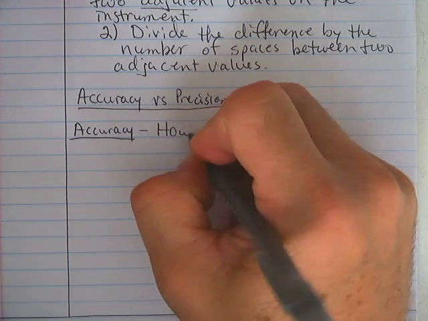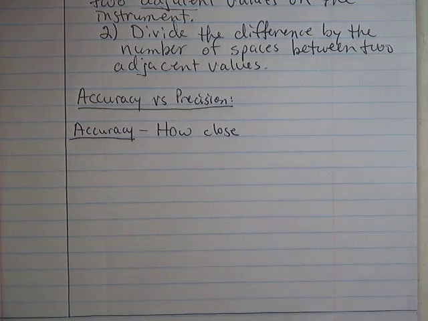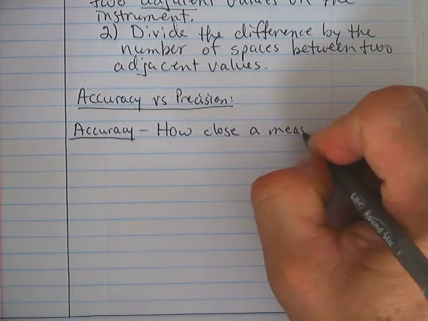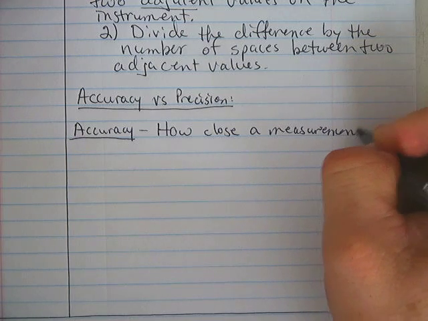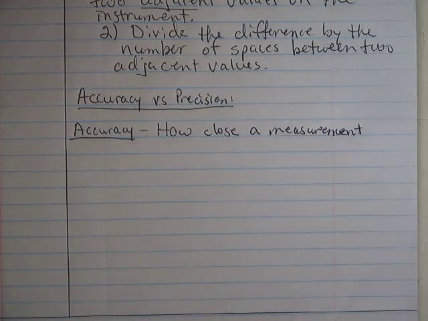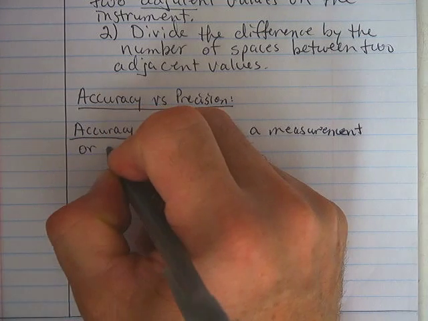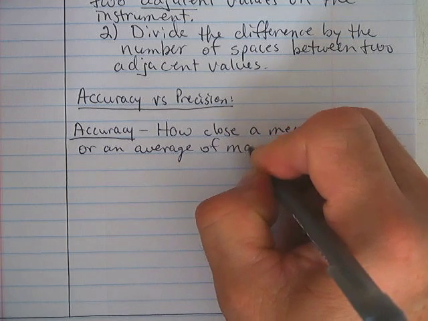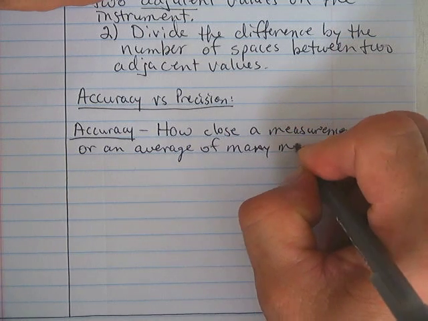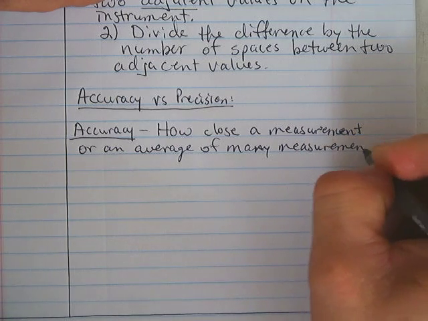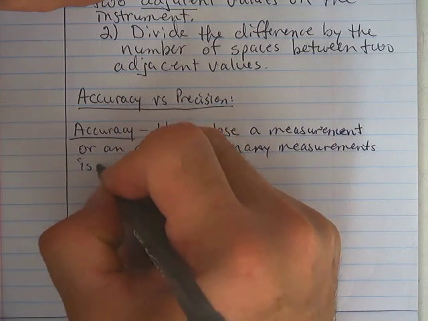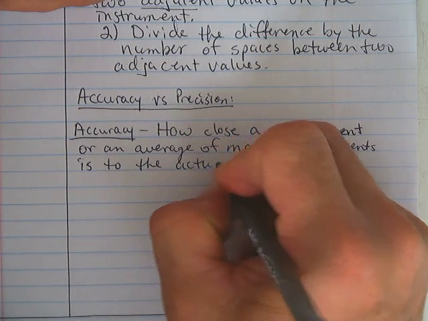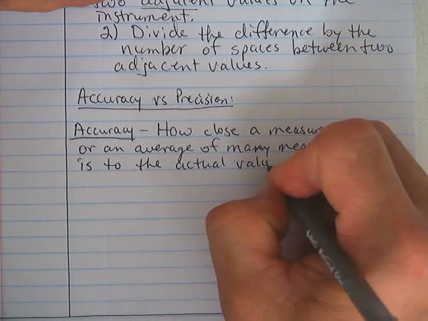It's not very scientific speech, but it's how close a measurement, a single one, or an average of many measurements, is to the actual value.